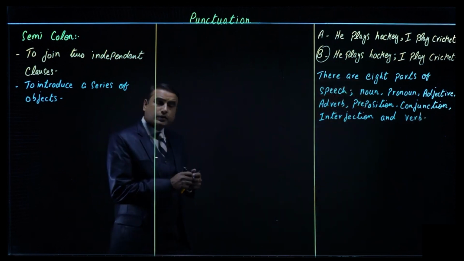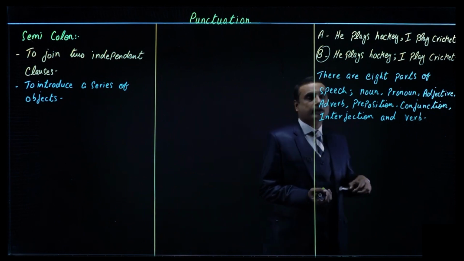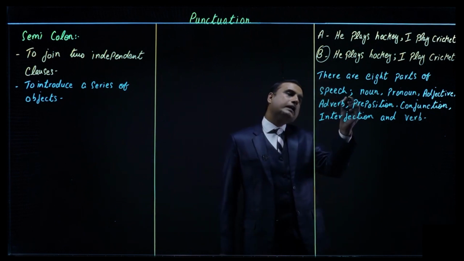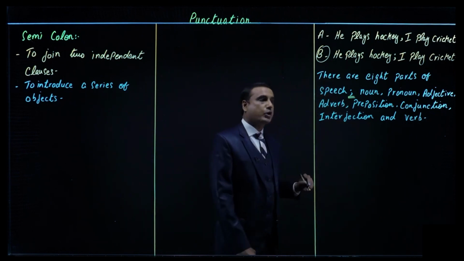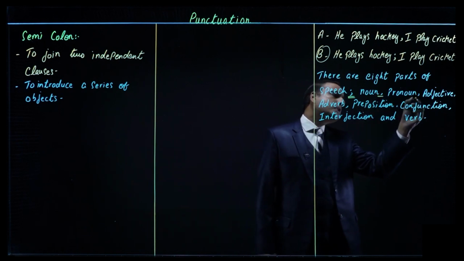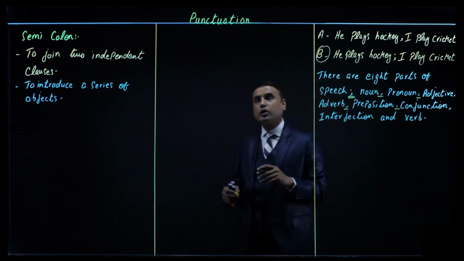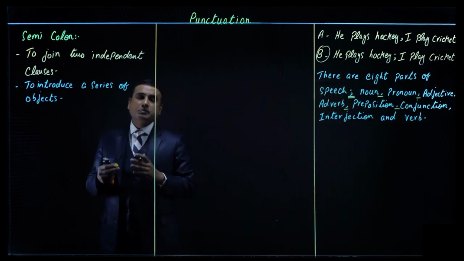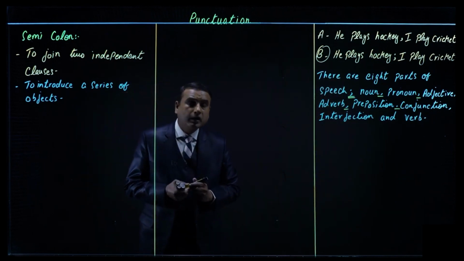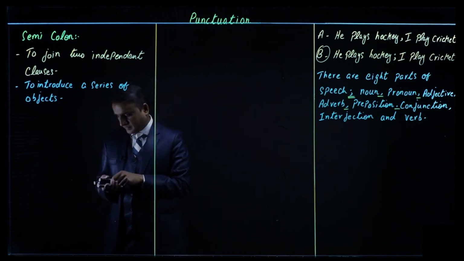Now you can clearly see that to introduce that list we are using semicolon, and to separate the different components of the list, we are using comma. So this is the main difference between comma and semicolon.